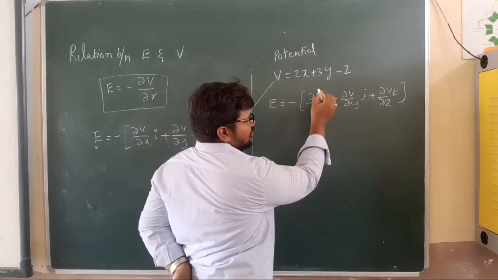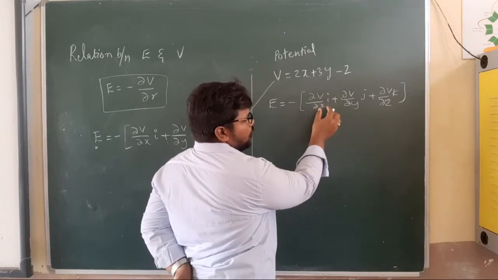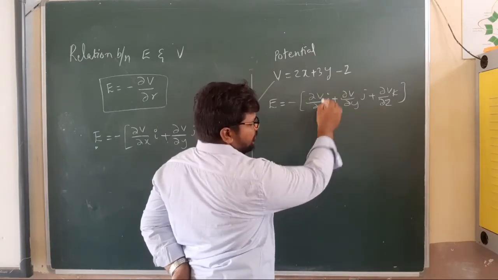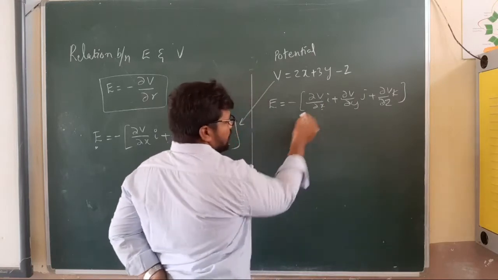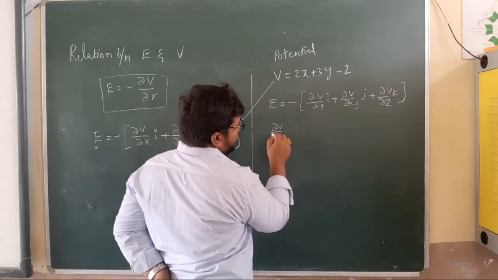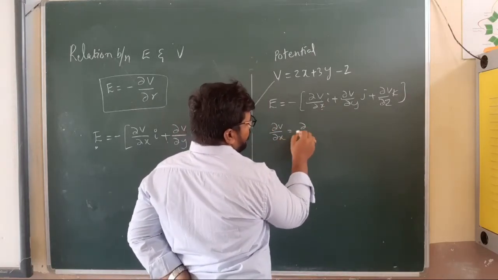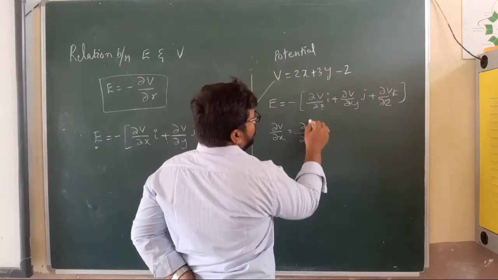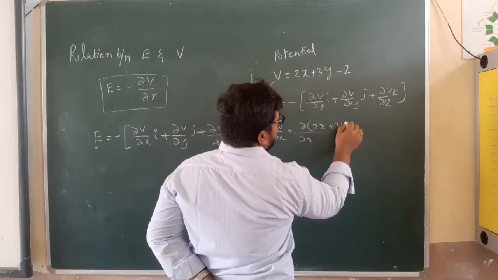While calculating this differentiation, we have to differentiate only with respect to x. The remaining terms become 0. So first, dou V by dou x is dou by dou x of 2x plus 3y minus z.